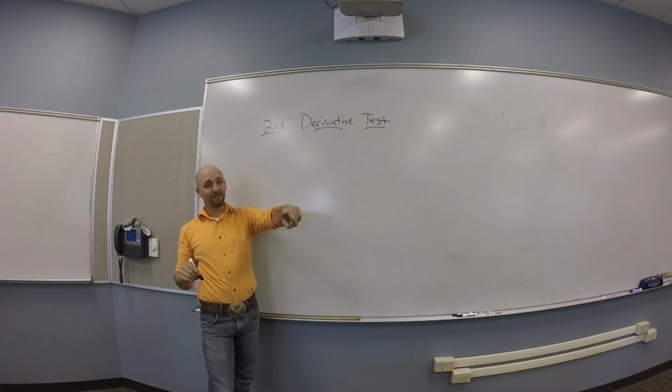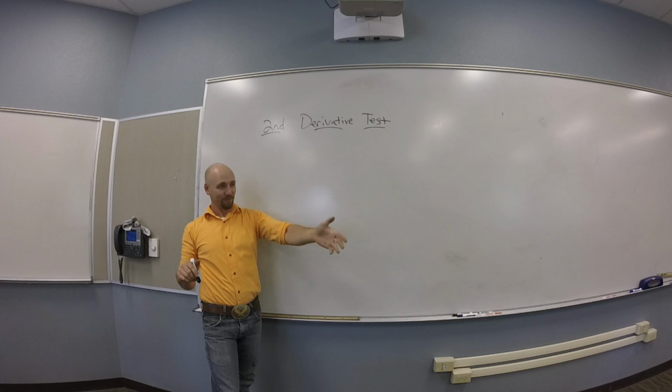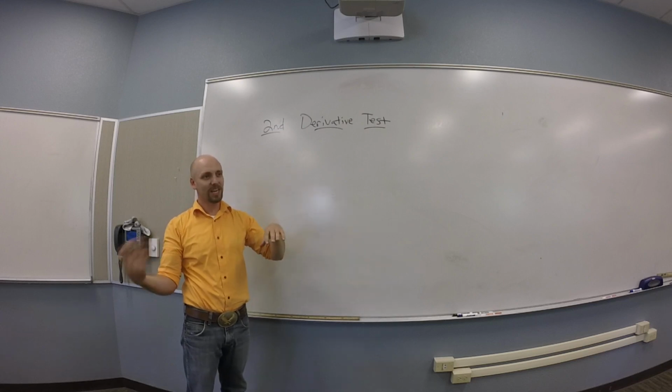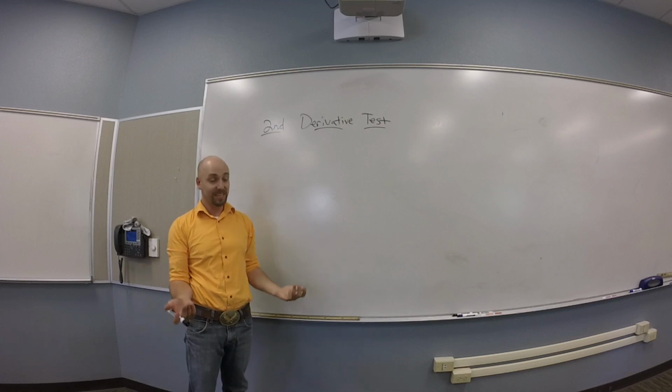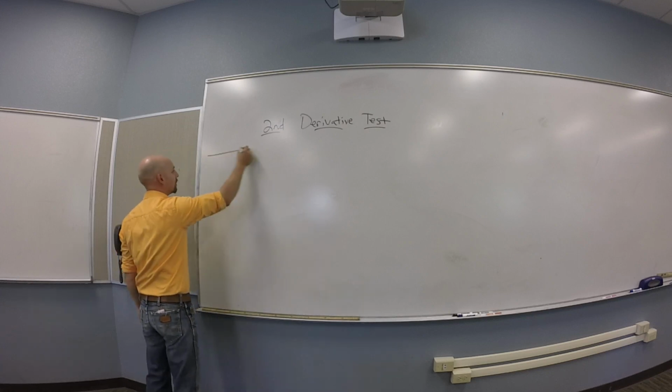The first derivative test is for checking whether something's a critical point, right? The idea is you take the derivative, you set it equal to 0, you solve, you check the undefined points, and that gets you this list of critical points. You guys see that? So this is assuming that I have done that.